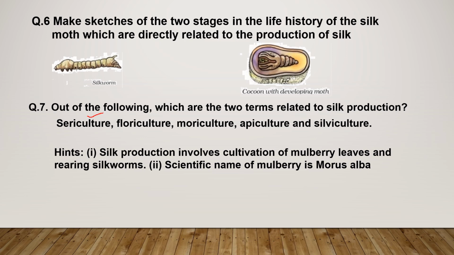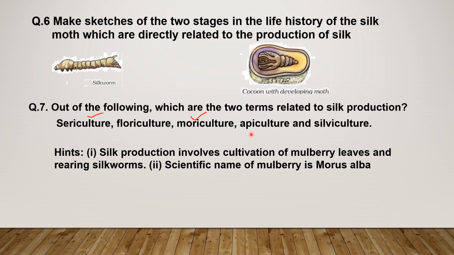So silk production is related to two terms: sericulture, that is the rearing of silkworms, and moriculture, the cultivation of mulberry leaves. Floriculture means the cultivation of flowers.